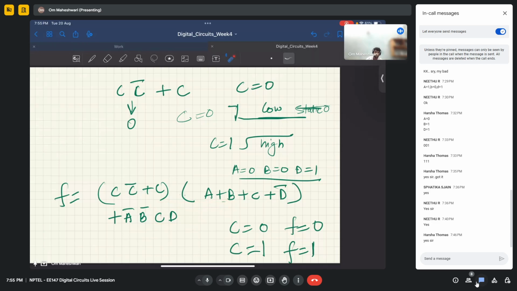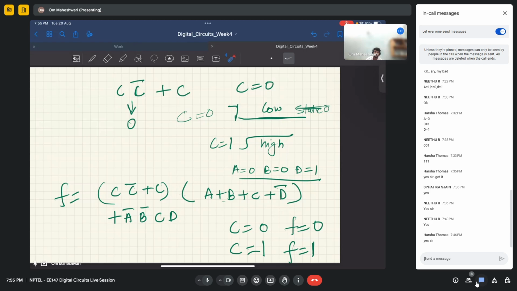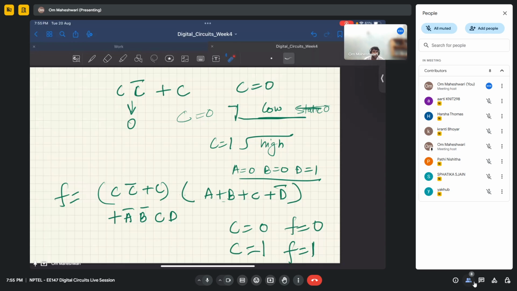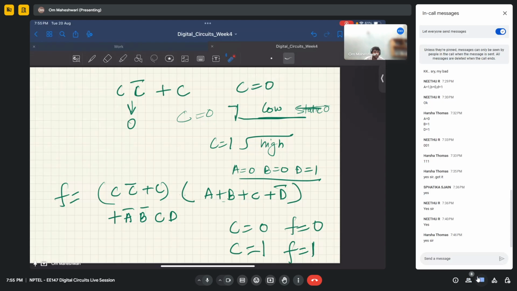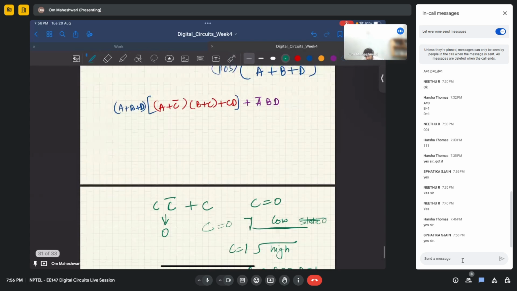Is it clear? The dynamic result. We need to multiply this term and add this term. Harsha, Sahatika, is this clear? Okay. So now our final expression, let us write.